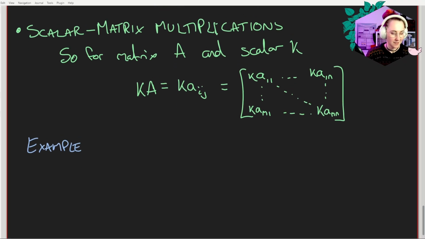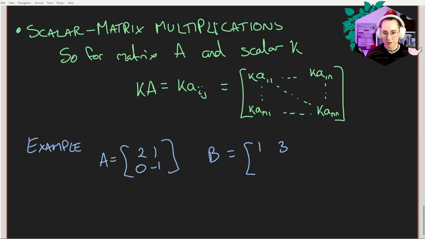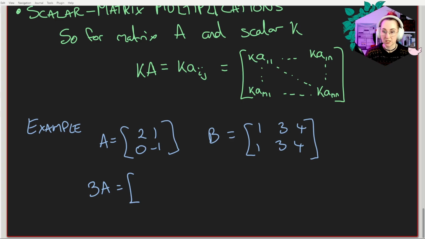Okay, so example: let's take matrices A as 2, 1, 0, -1, and B as 1, 3, 4, 1, 3, 4. I'm just going to repeat it. Then 3A: every element we're just going to multiply by 3. So 6, 3, 0, -3. We can also multiply by negative numbers, and that's the same as multiplying by -1 and then by 2.